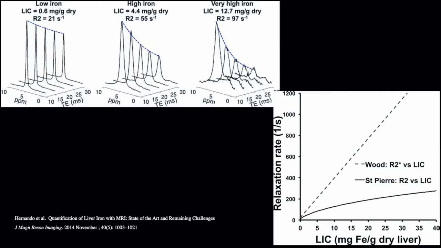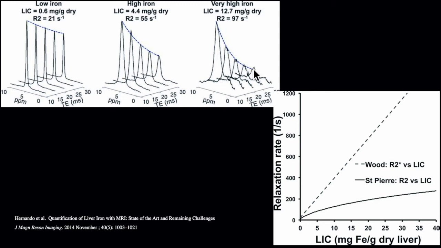Now we see the quantitative assessment. How do we actually quantify? As we know, if the TE time increases, your signal intensity decreases. So these are the three conditions where there is a mild iron overload, moderate iron overload and very severe iron overload. You can see this graph of decreasing signal intensity is becoming steeper as the iron content increases.